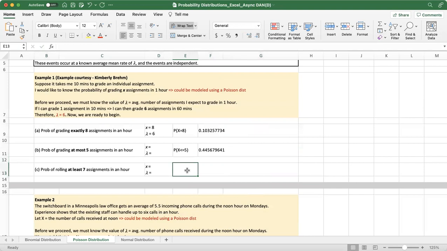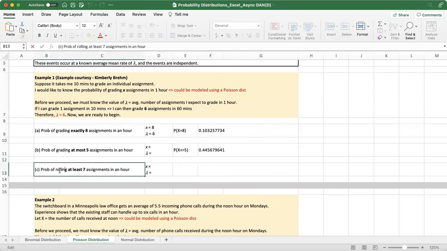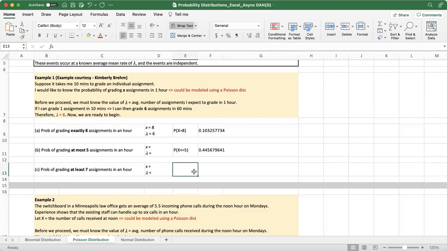Let's look at the next one. Probability of grading at least, this is not rolling, but this is grading. My apologies. Probability of grading at least 7 assignments in an hour can be given by X being greater than or equal to 7. And I could write this down as 1 minus probability of X being less than 7.